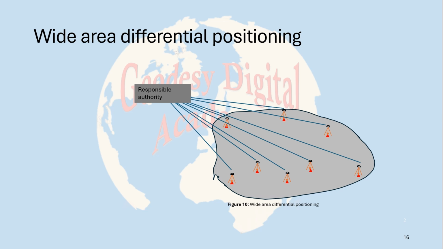They are responsible for analyzing the coordinate differences, the differences between what GNSS gives and what we already had as coordinates, and they will work out how much correction they should provide to the user.